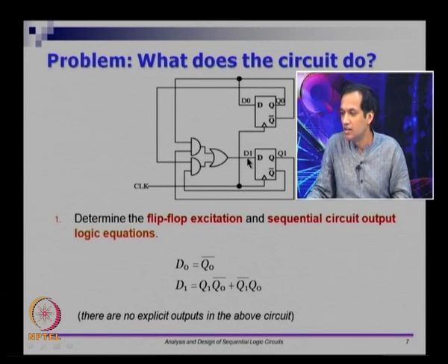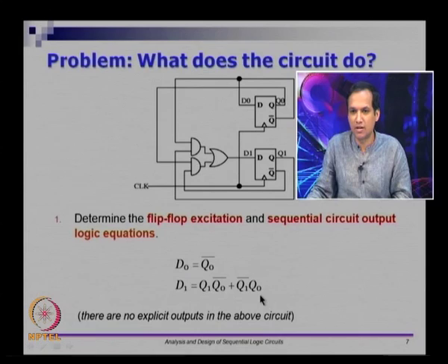Let us go and look at the functionality of D1. It takes Q1 and Q0 complement, and then takes Q0 and Q1 complement, and ORs them together. So, it is actually doing Q1 Q0 complement plus Q1 complement Q0.